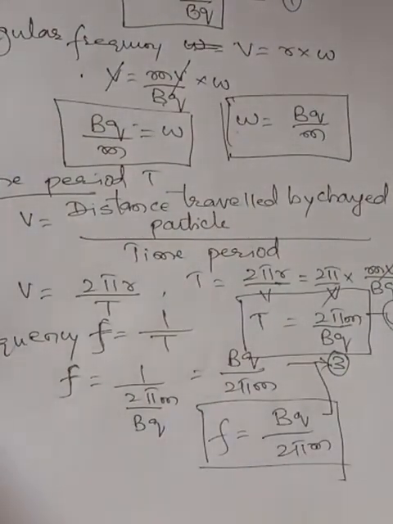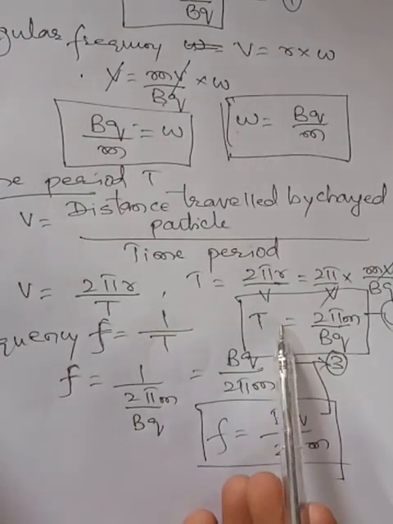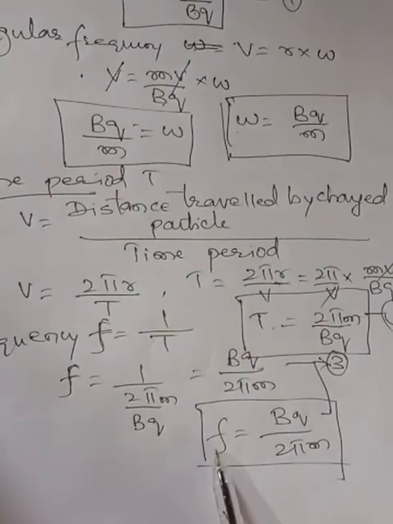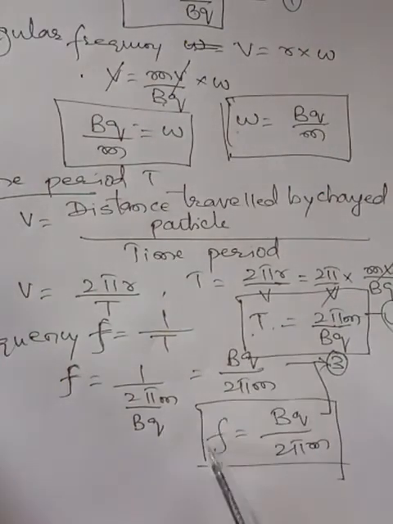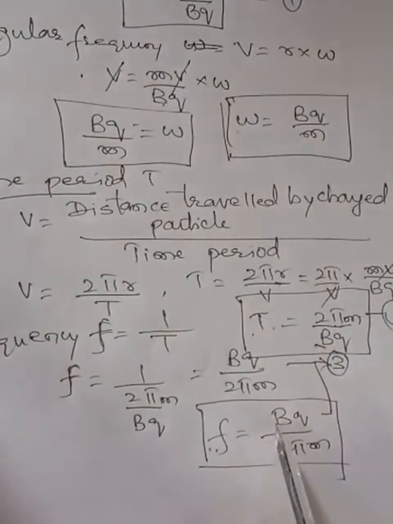One thing we will observe here from equations 2 and 3. If you see equation 2 for time period and equation 3 for frequency, in both these cases we observe that time period and frequency both depend on the value of b.